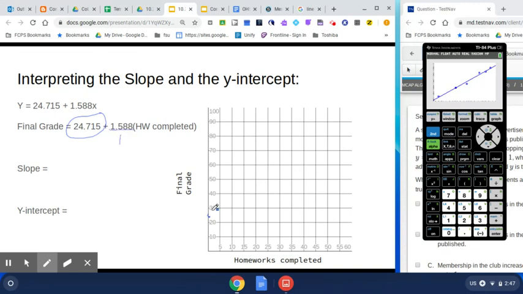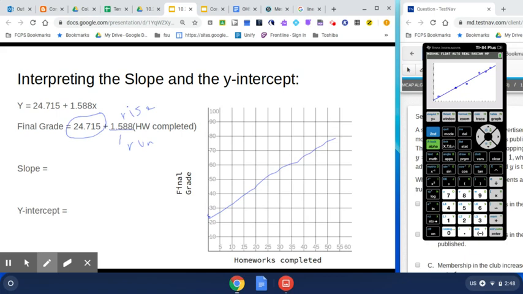I would rise 1.588 and run 1. If you remember from your algebra class, the numerator is the rise, the denominator, in this case the 1, is the run. So if I go up 1.588, I would go over 1, and I would continue to do that until I get some type of a line. I'm just sketching this for right now.